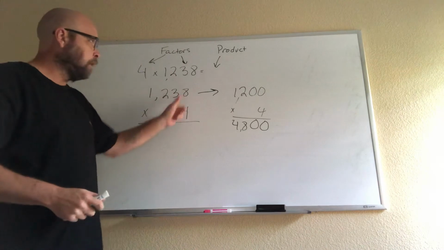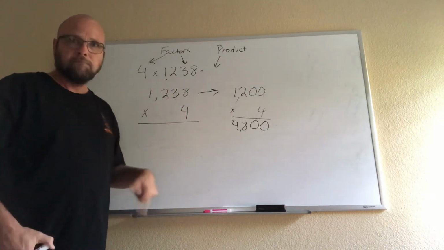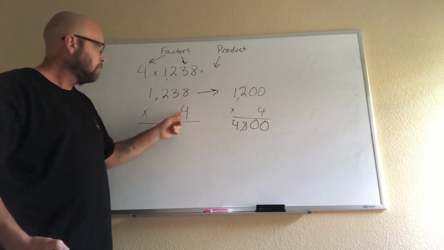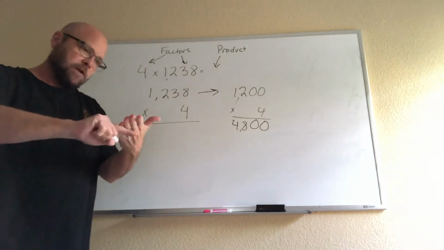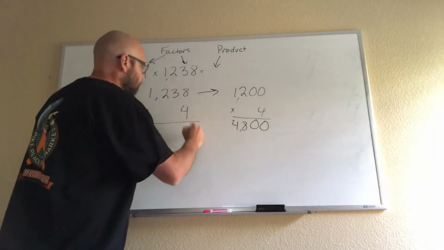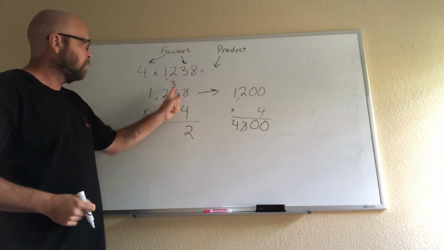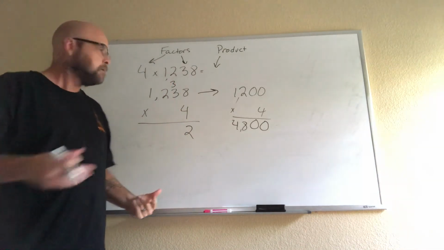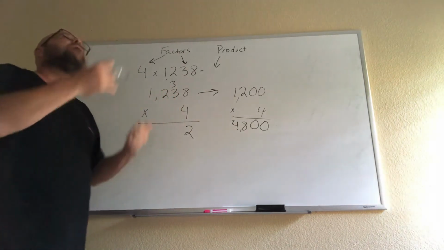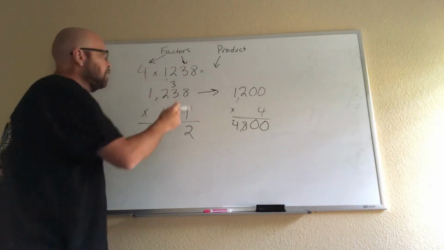So I am just doing one digit by one digit at a time. I can use my multiplication chart. 4 times 8, I look at my multiplication chart, I say it's 32. So that's 32 ones, or 2 ones and 3 tens. It's the same amount. 4 times 3, I look at my multiplication chart, it's 12.